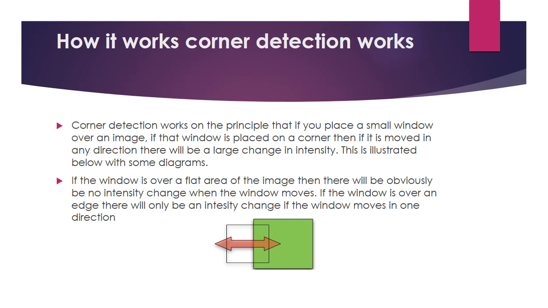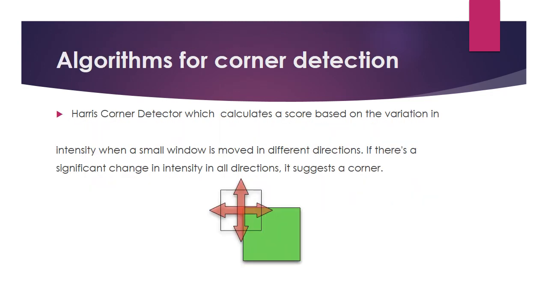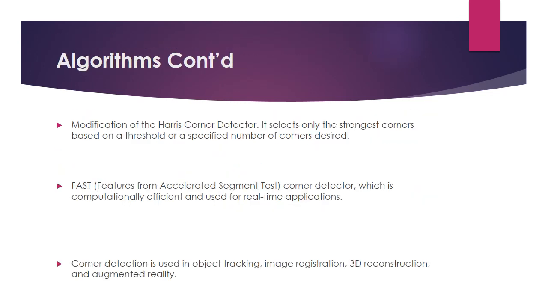If that window shifts in any direction, there will be a large change in intensity, because that is the reason for the window changing. And if it does not shift, obviously that means there is no change within the gradient, so there is no corner. That is the first corner mechanism.